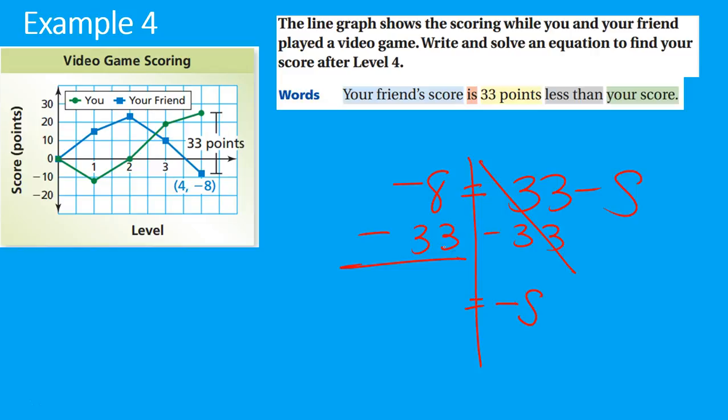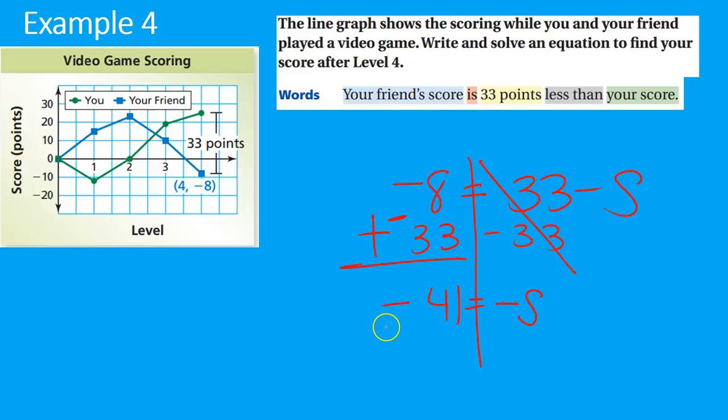Okay, negative 8 minus 33, I'm going to do ATO. So keep, change, change. Negative 8 plus negative 33. Those have the same sign here, so we'd actually do same sign, add, and keep, and we would get negative 41. That doesn't even make sense. That means that the opposite of S, the opposite of your score, is negative 41.